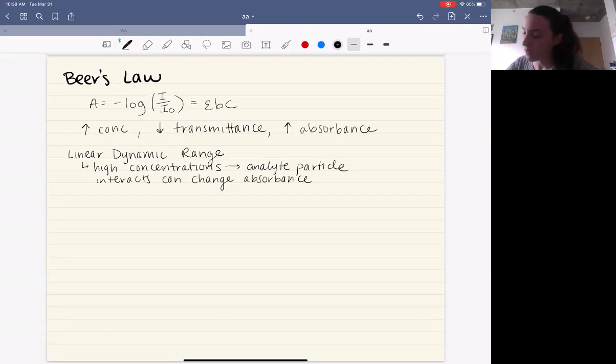Okay, so that means we might have something like this. Our instrument response, where this is concentration and this is absorbance: if we send samples of low concentration through, we might get a linear response, but as we get to high concentrations, it might start dying out. Which means that we can only really make a calibration curve on this linear range.